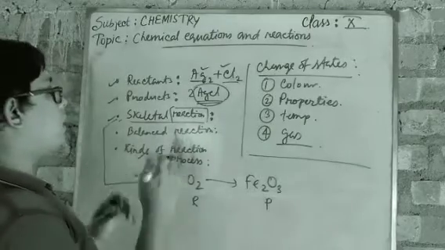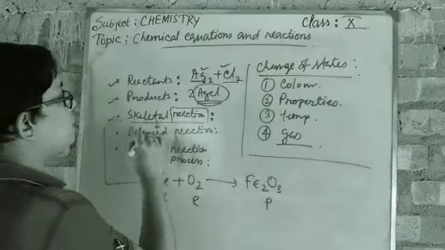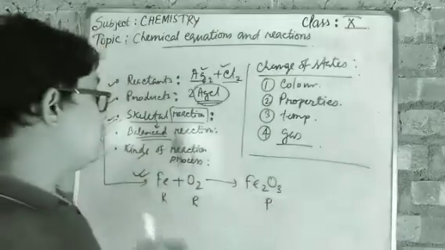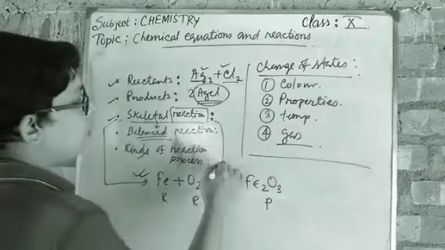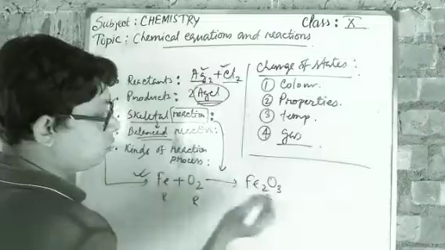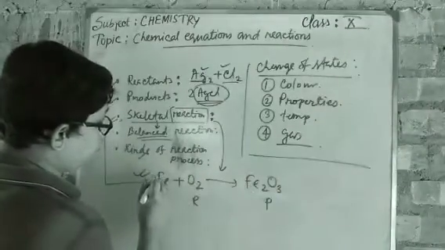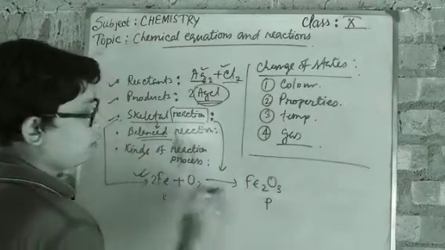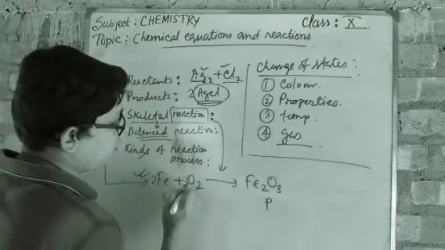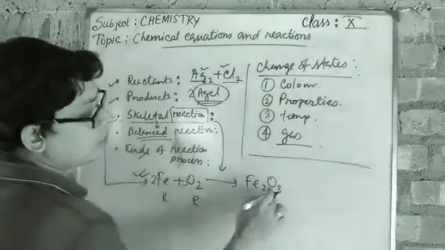Now, how can I convert the skeletal reaction into a balanced reaction? By this word we can easily understand that a balanced reaction means the reaction that has totally balanced. Right now it is balanced. So easily I can do it in the previous way. 2Fe, Fe2 means 2Fe, Fe is completed. Now here is 3, but if I give 3, 3 twos are 6, but here is only 3.